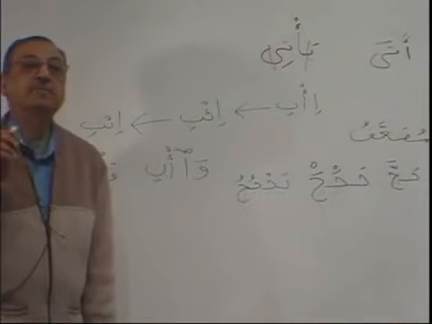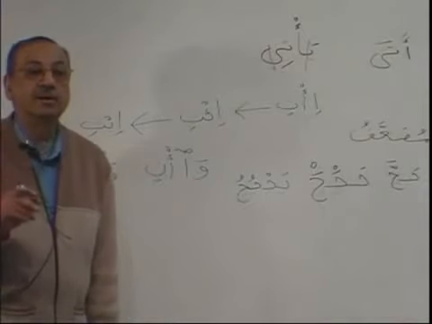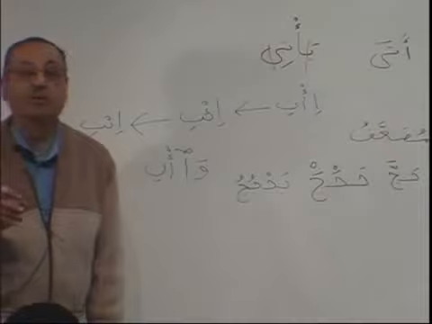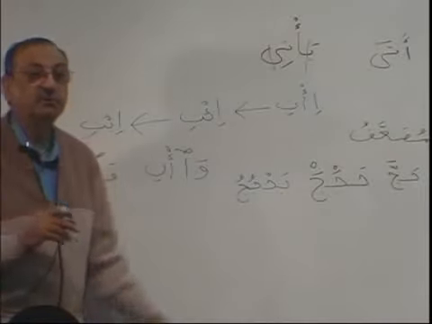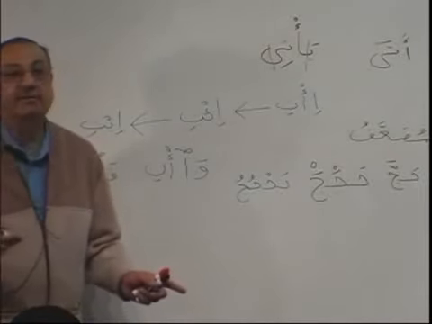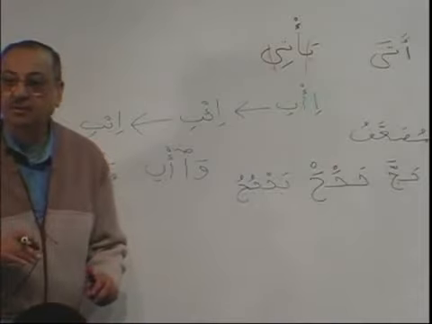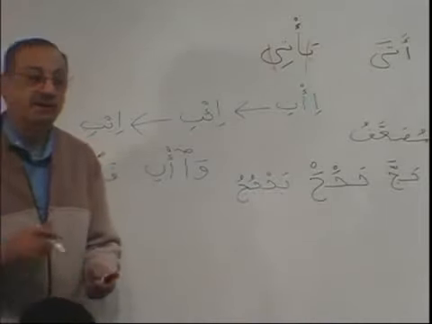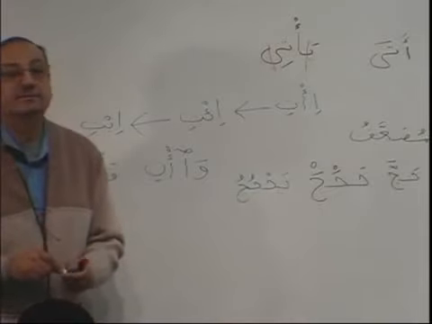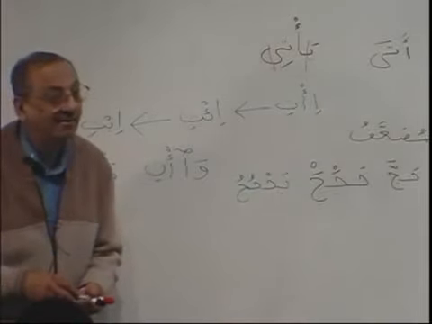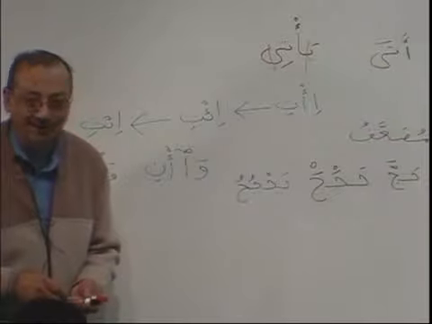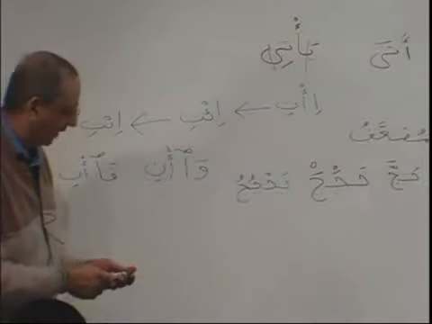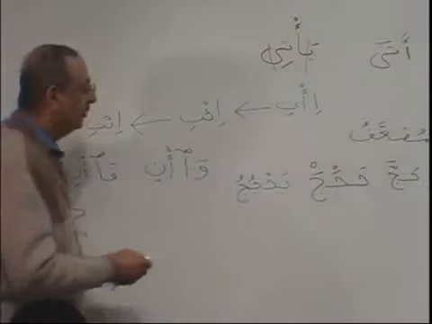So the same rule: if it is a mutaharrik pronoun, you break the idgham; if it is a sakin pronoun, you have idgham. So how many sakin pronouns are in the mudari'? Twelve. Only two are mutaharrik. So we give a sukoon here, brother.